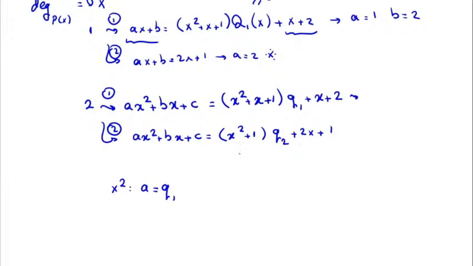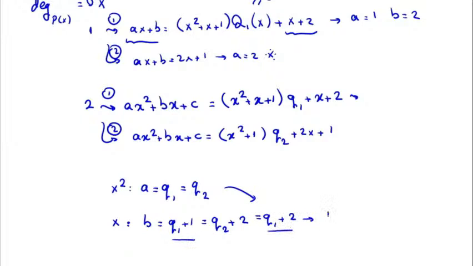In this equation, it will be q2. If we consider the coefficient of x, here it will be b. On the right side, it will be q1 plus 1. Here again it will be b, and on the right side it will be q2 plus 2. Because we know q1 equals q2, it will be q1 plus 2. So because of this part, 1 equals 2, which is a contradiction. So degree 2 is not possible.